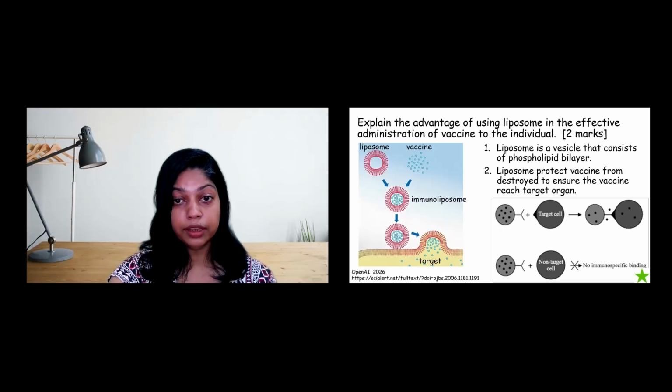During transport in the body, the liposome protects the drugs by preventing unwanted substances such as acidic gastric juice and enzymes from entering and damaging the drugs. Therefore, the drugs remain safe inside the liposome.